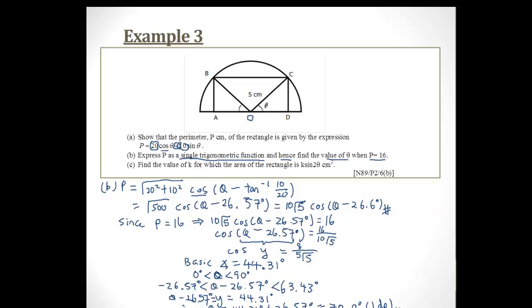So from here, I just add 26.57 degrees throughout, and there I go, I obtain the value of theta as 70.9 degrees, with the final answer rounded to 1 decimal place. So from here, I've completed part B. Now let's carry on to the next slide to solve part C.